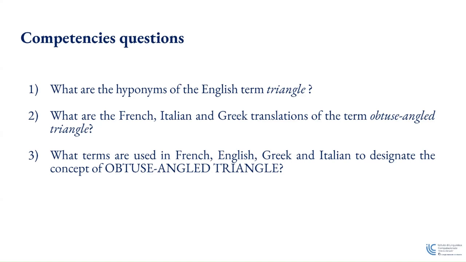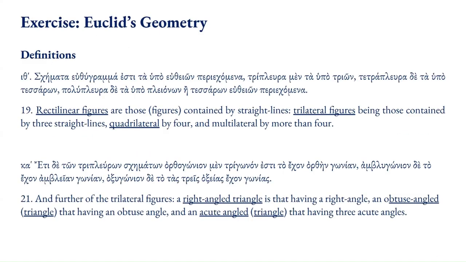But this is a conceptual relation. From a linguistic point of view, we speak about hypernym, broader meaning, and hyponym, narrower meaning. You're welcome, please interrupt me if you have questions. It's a pleasure.